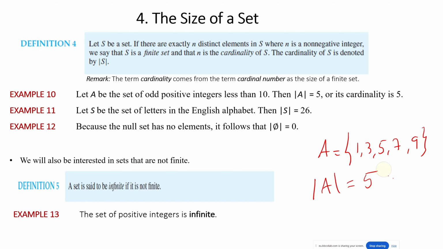This is how I represent how many elements S has. So if S is the English alphabet, then the cardinality of S is 26. If S is the empty set, then how many elements it has is 0. So the cardinality of the empty set exists and it's 0.